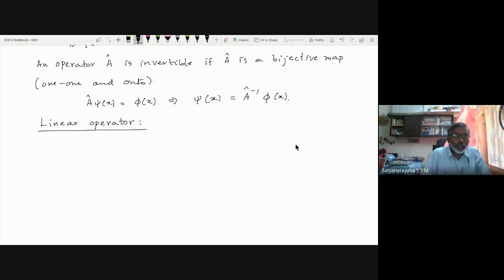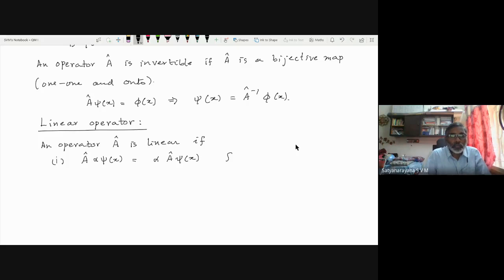An operator A is linear if the following things are satisfied. One, when A acts on alpha times psi of x, where alpha is some scalar, it is equal to alpha times A acting on psi of x, for any scalar alpha and any psi of x in the Hilbert space.